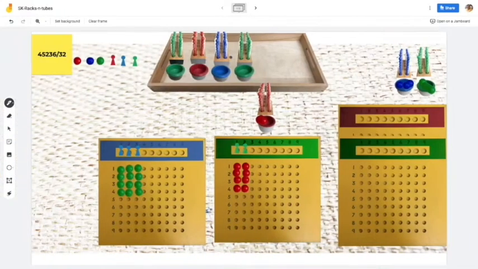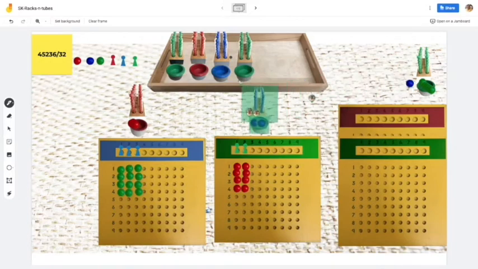Now getting back to the working space, we shift the hundreds ball and rack to the tens board and bring down the tens ball and rack to the units board and record it in the next frame, just as we did it earlier. Now that we have written down what is used up on the boards, let us clear the boards.